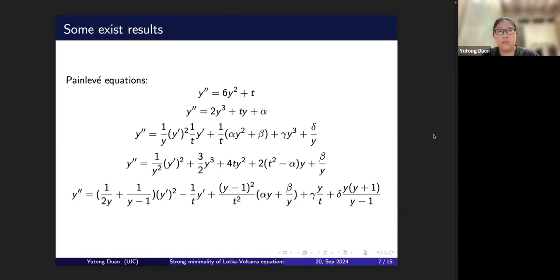I can show you some existing results, using both algebraic methods and model theory to prove them. So there are some Painlevé equations. I didn't put the sixth Painlevé equation because there's not enough space. It's not easy to find solutions of Painlevé equations; they're kind of complicated.